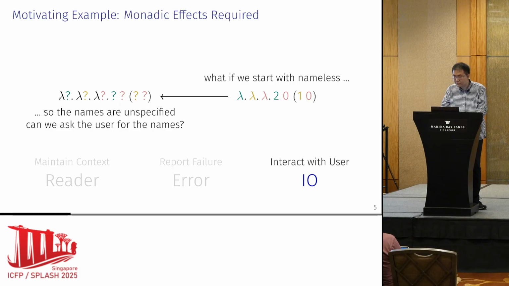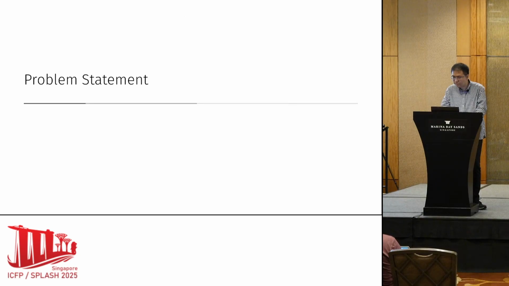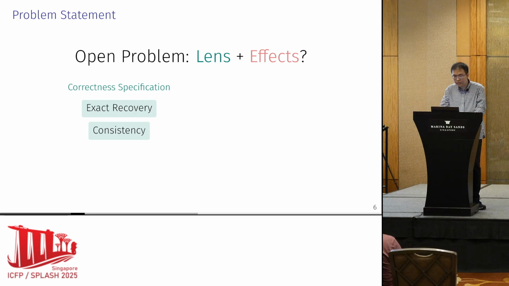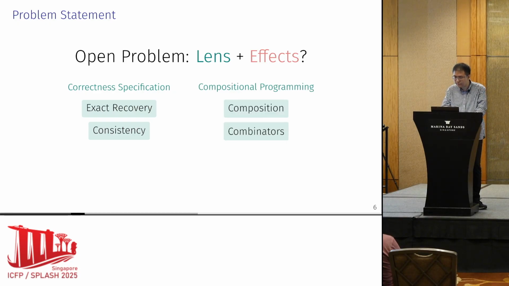It turns out that the traditional lens framework does not support monadic effects. So the problem is to combine lens frameworks with monadic effects. There are some very useful properties that come with lens frameworks. We have a correctness specification for lenses, such that we have exact recovery when we are converting from the view to the source, and we also have consistency between the two directions of the conversions.